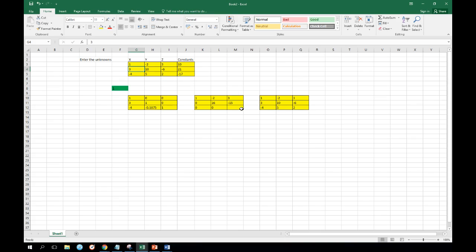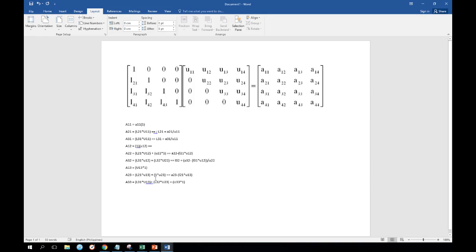So going back to the last unknown here, we're looking for the U33. Isolating U33 here is A33 minus L31 multiplied by U13 minus L32 multiplied by U23.